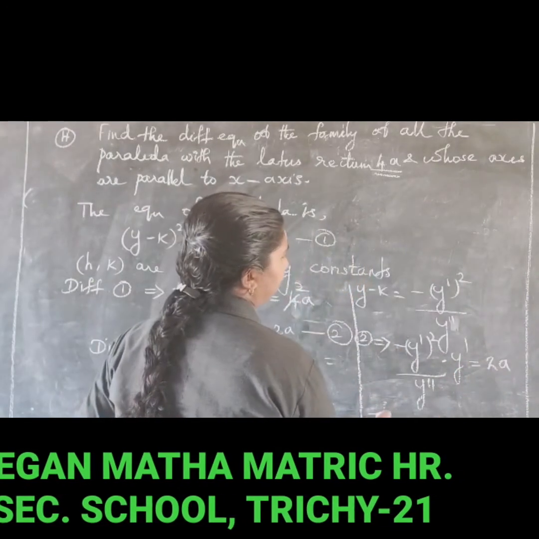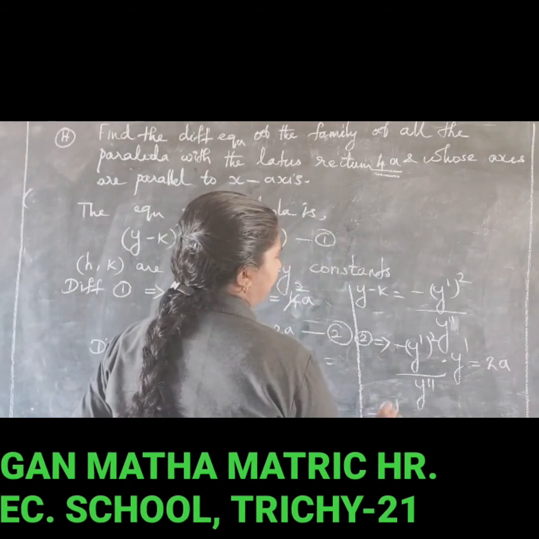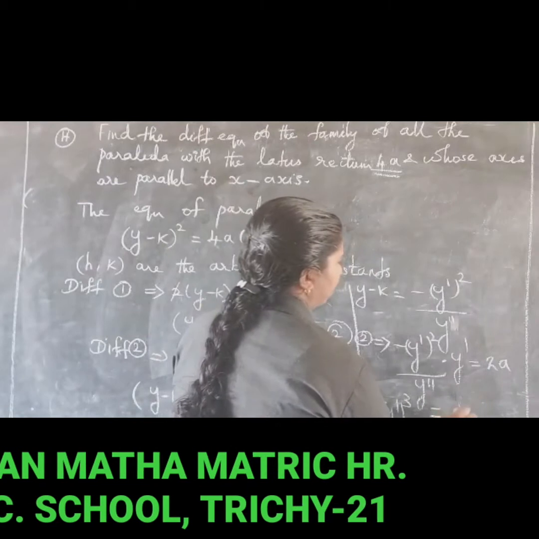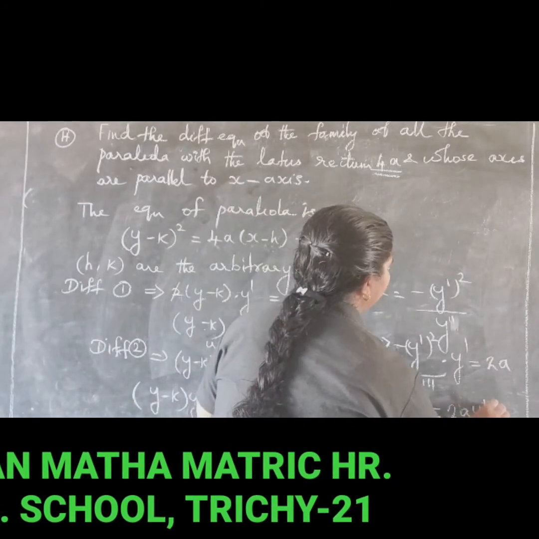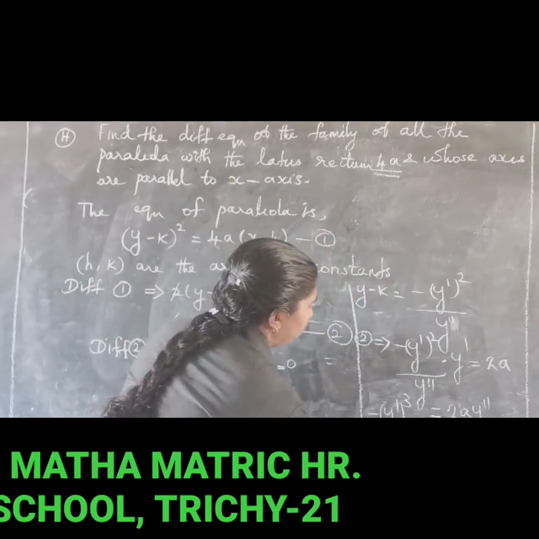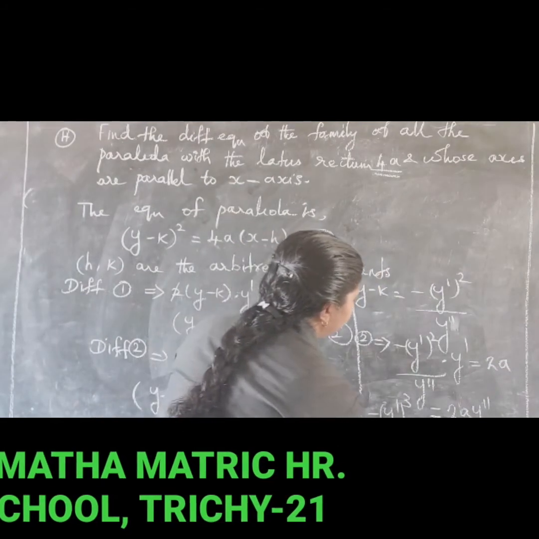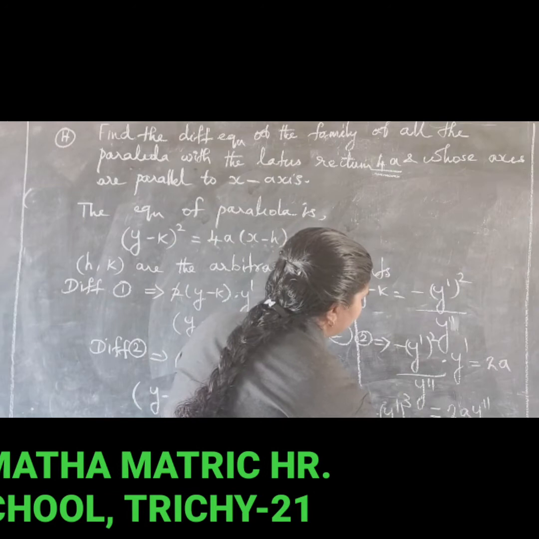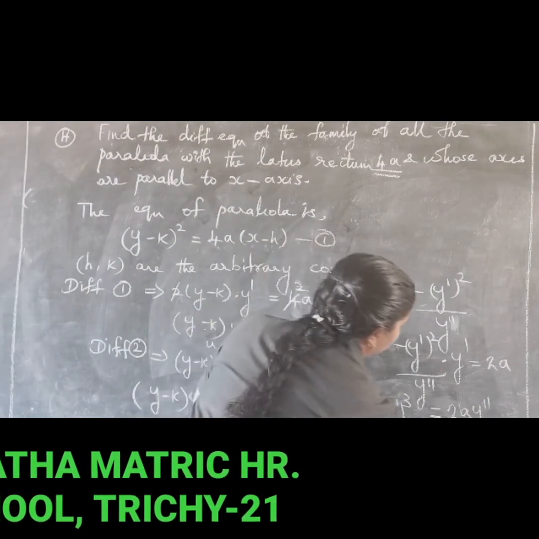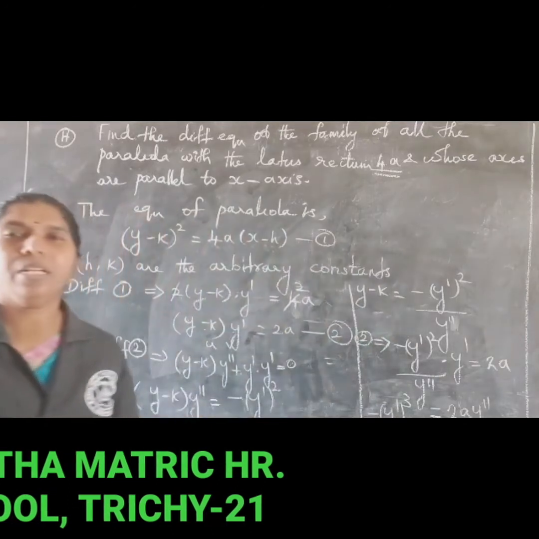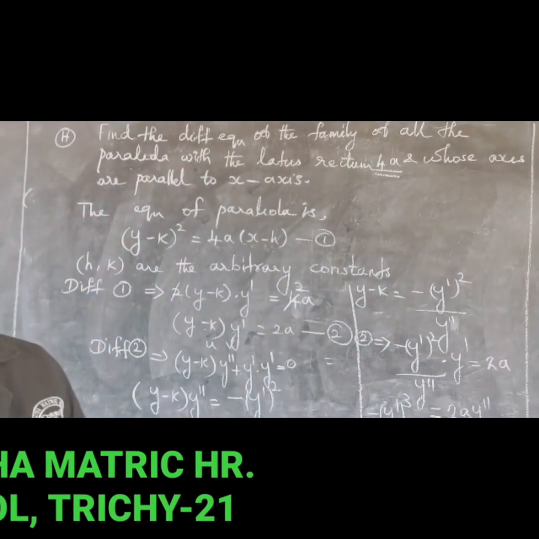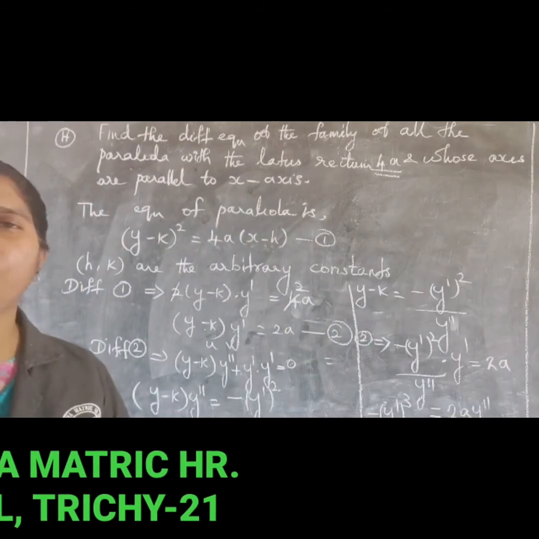That is minus y dash cube, which is equal to 2a into y double dash. So this also can be written as 2a y double dash plus y dash the whole cube equal to 0. Now this is the required differential equation for the family of all the parabola with the latus rectum 4a.